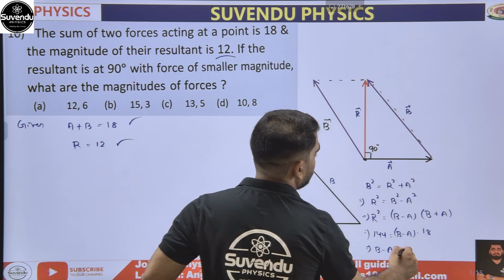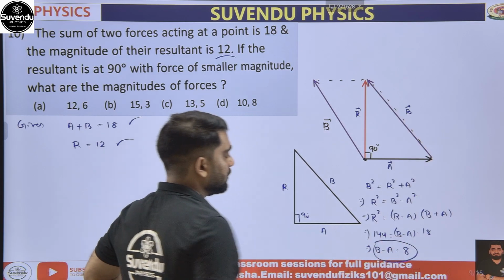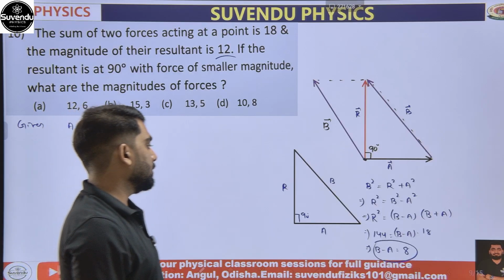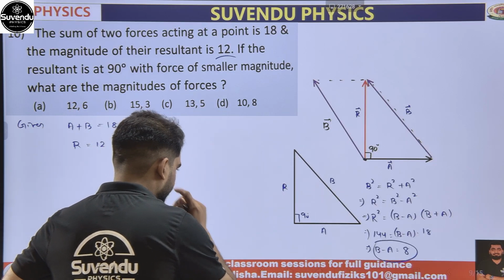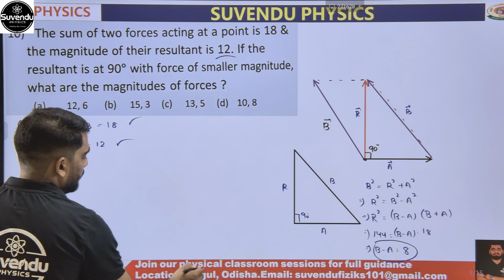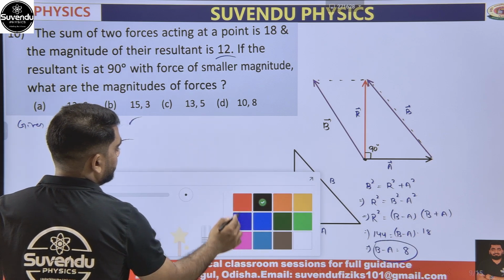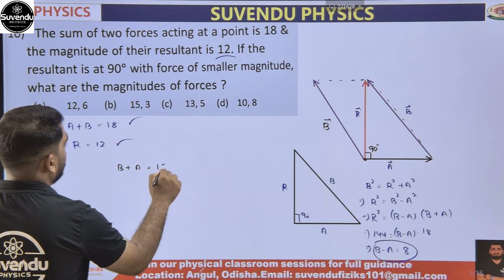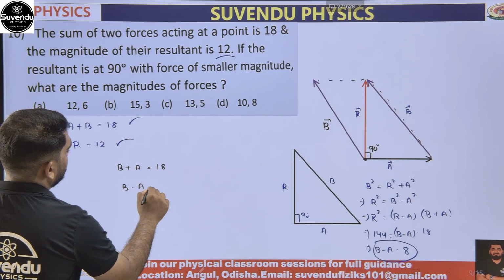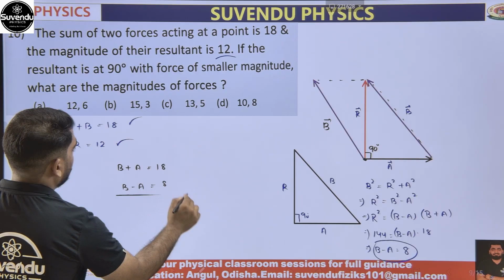So what is b minus a? 144 by 18, that is 8. So we get b minus a. Here a plus b is mentioned, a plus b means b plus a. b plus a is equal to 18 and b minus a is equal to 8.